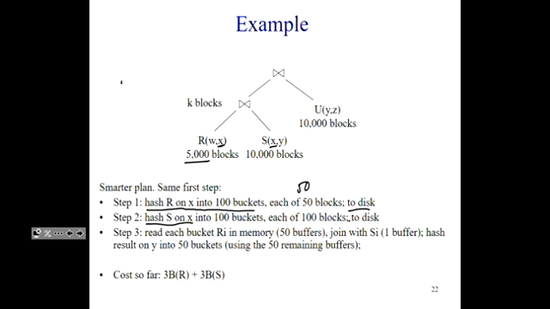These are just the steps of the partition hash join. Then, since R is the smaller relation, I read the buckets Ri of R into memory, and join with one block of S at a time.